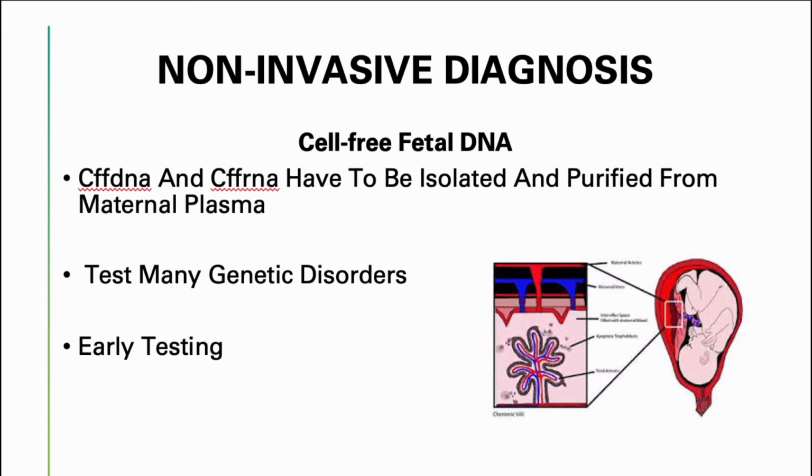So you can figure out the chances of these chromosomal anomalies. As I mentioned, the advantage is that you can get this done very early on, at 7 weeks of pregnancy.